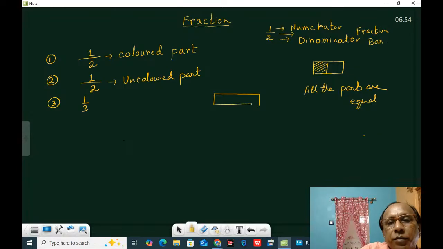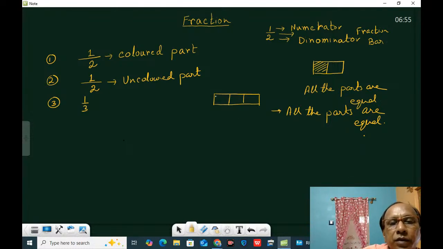You will divide into three parts, but equal in all respect. You see, these are equal, right? You have to write that all the parts are equal.